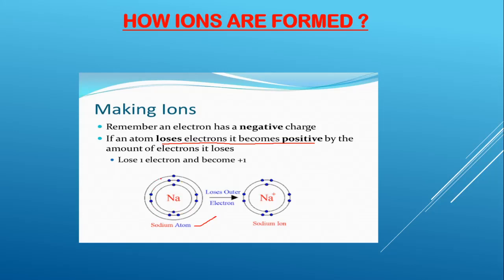And in the third energy level, there is 1 electron. So what happens to this 1 electron? It is lost by the sodium atom. When it is lost, the sodium acquires a positive charge, so an Na plus ion is formed.